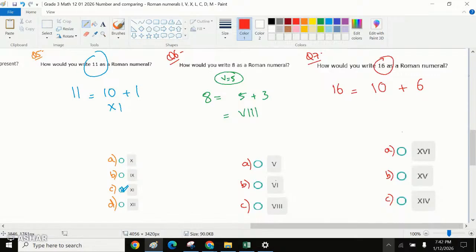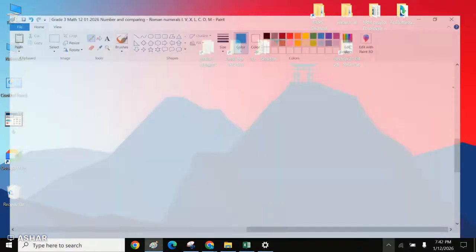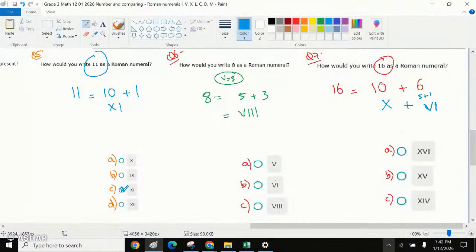And we know that 10 is written as X and 6 is 5 plus 1. Where should 1 come? Before or after? Yes, the 1 should come after the V.